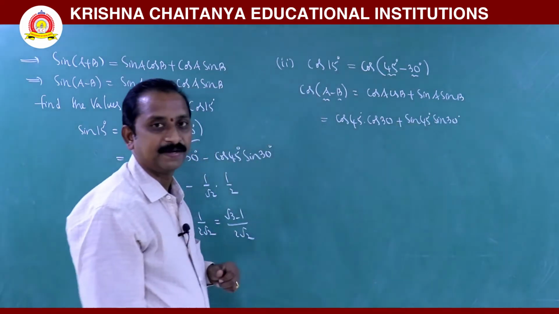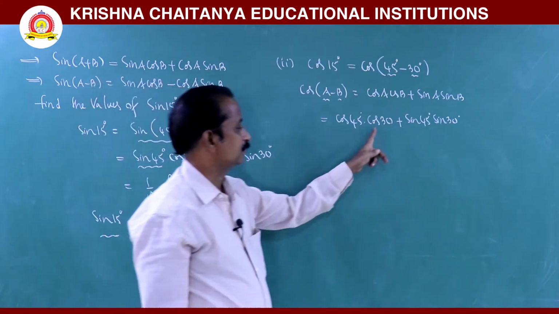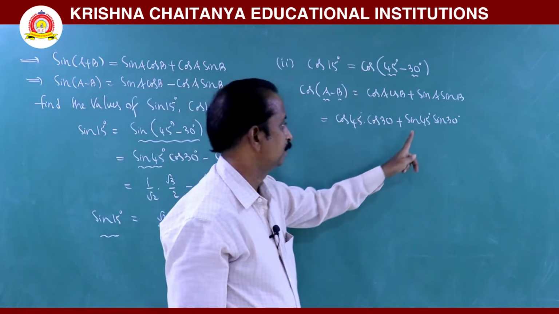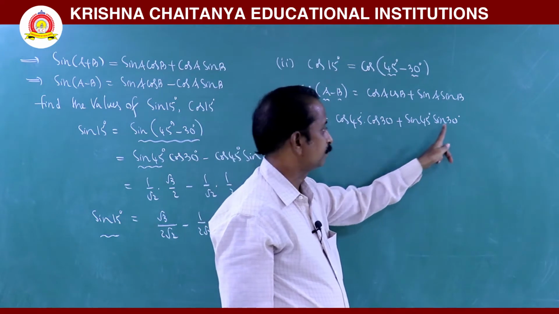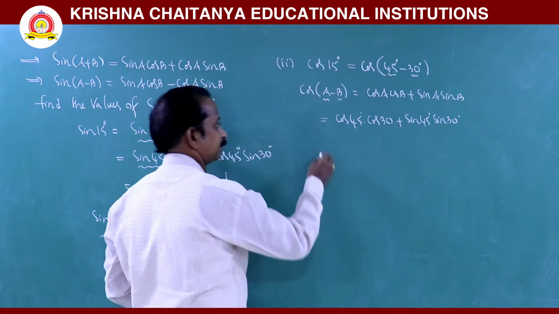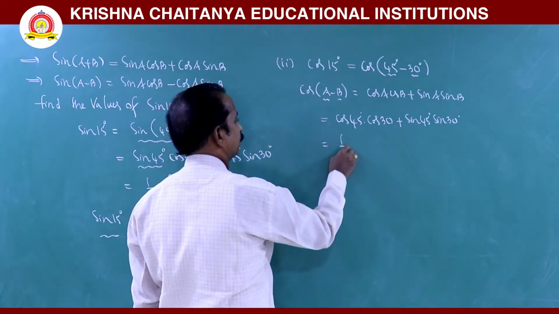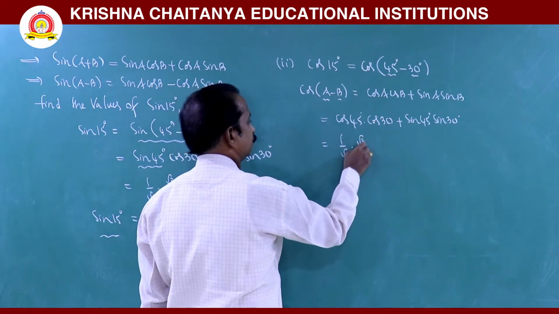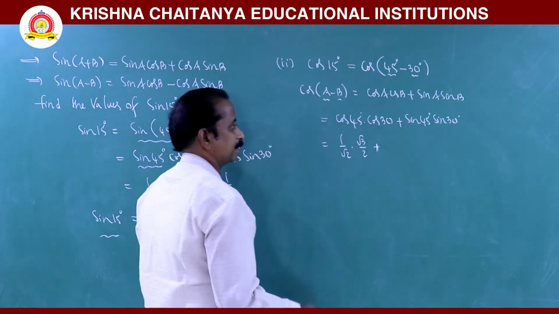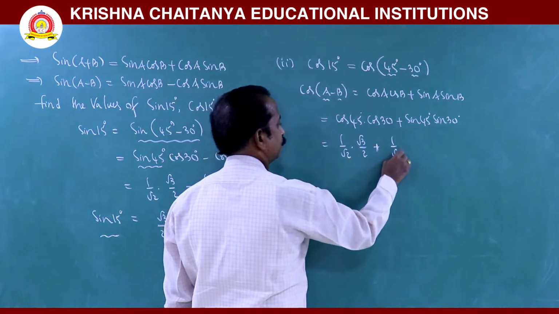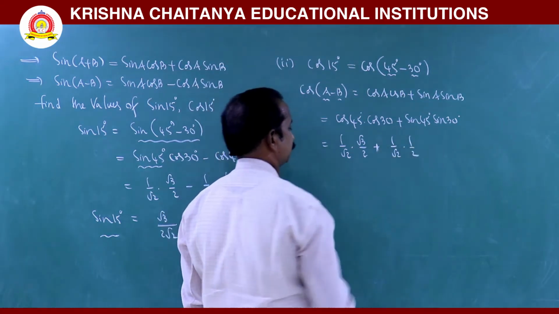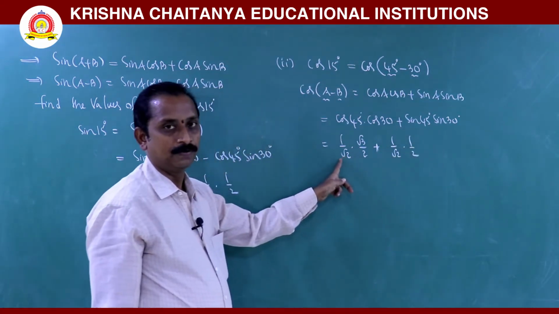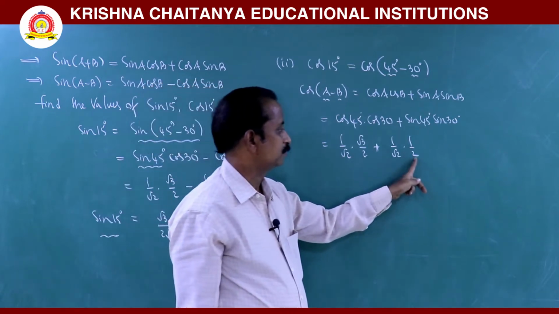Cos 45, 1 by root 2, cos 30, root 3 by 2, sin 45, 1 by root 2, sin 30, 1 by 2. So 1 by root 2 into root 3 by 2 plus 1 by root 2 into 1 by 2. 2 into root 2, 2 root 2. Here also 2 root 2.